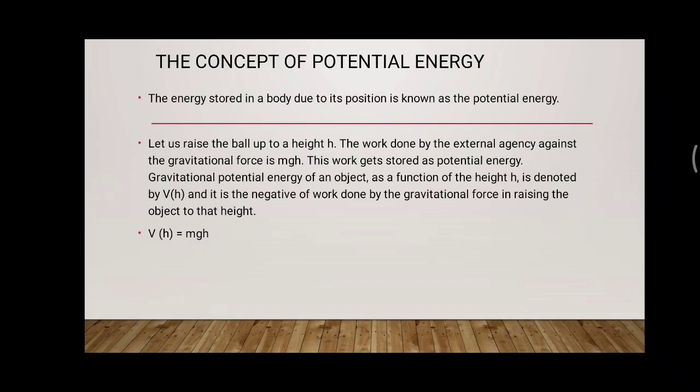So this energy is equal to the work done by the external force to bring the ball from height 0 to height h. So this work gets stored as potential energy in the ball.